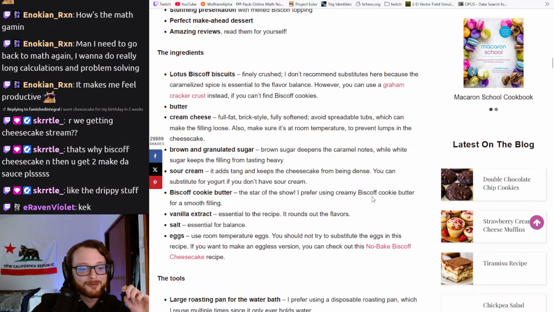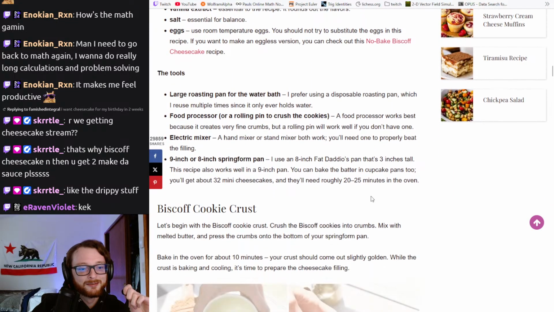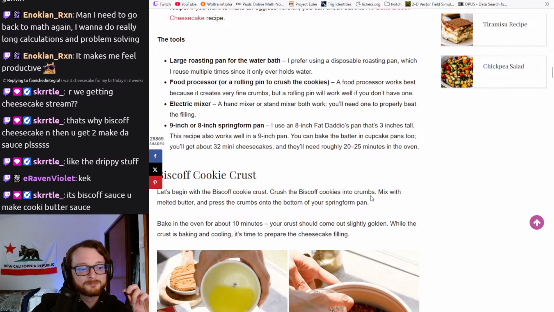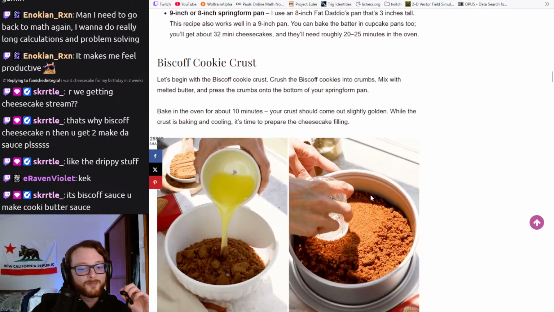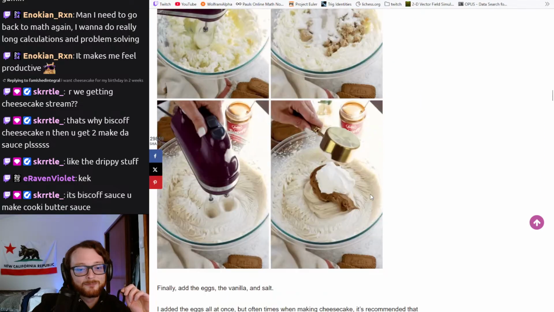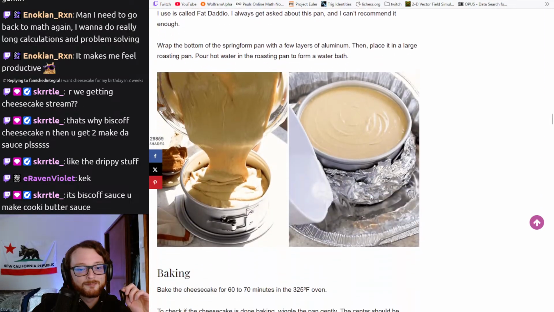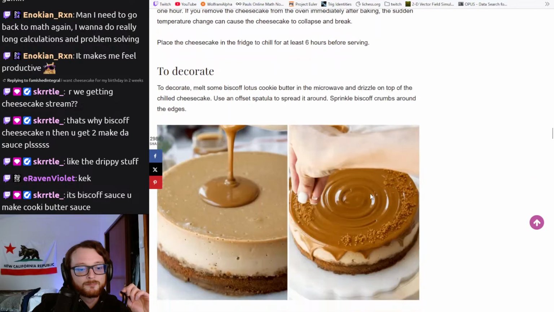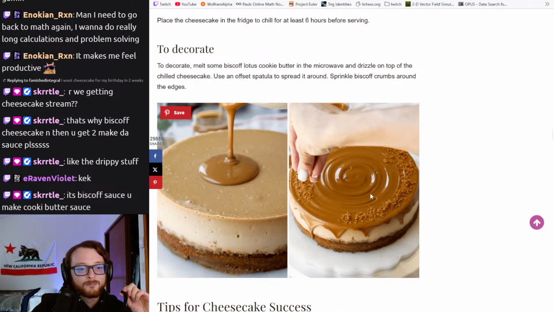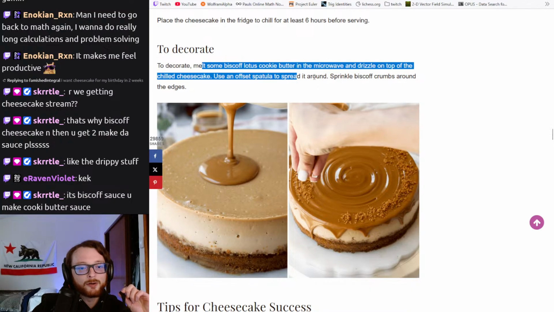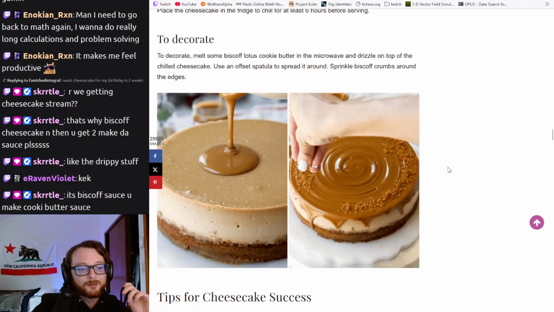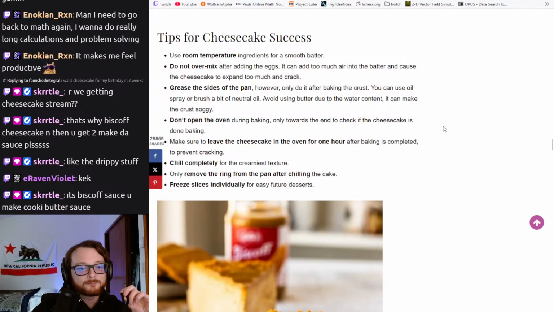It's never worked out. Oh, it's just melted cookie butter. Well, that's a lot easier. Oh, and cheesecake takes even longer to cool than pie does. It's literally overnight.